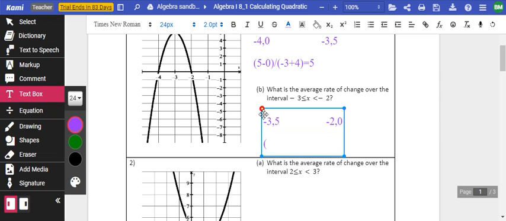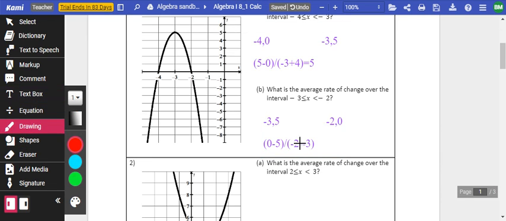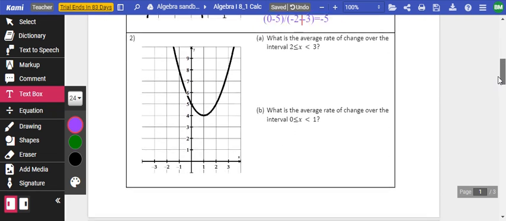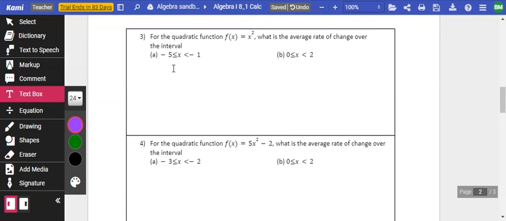So we're going 0 minus 5 divided by -2 minus a -3. Two negatives make that a positive. Okay. And the whole thing equals -5. That's it.